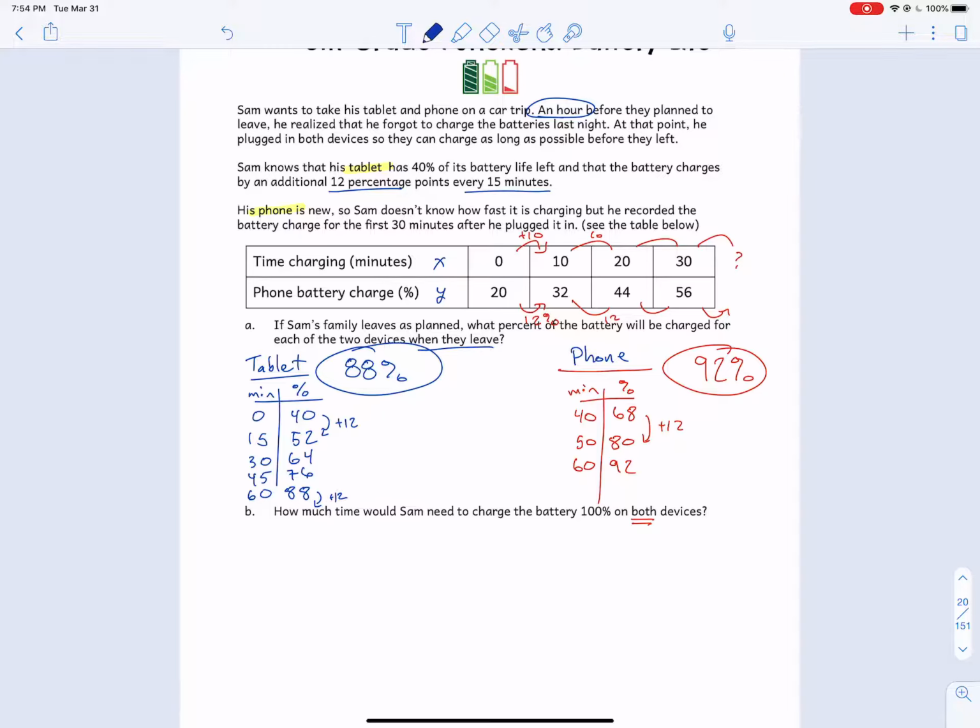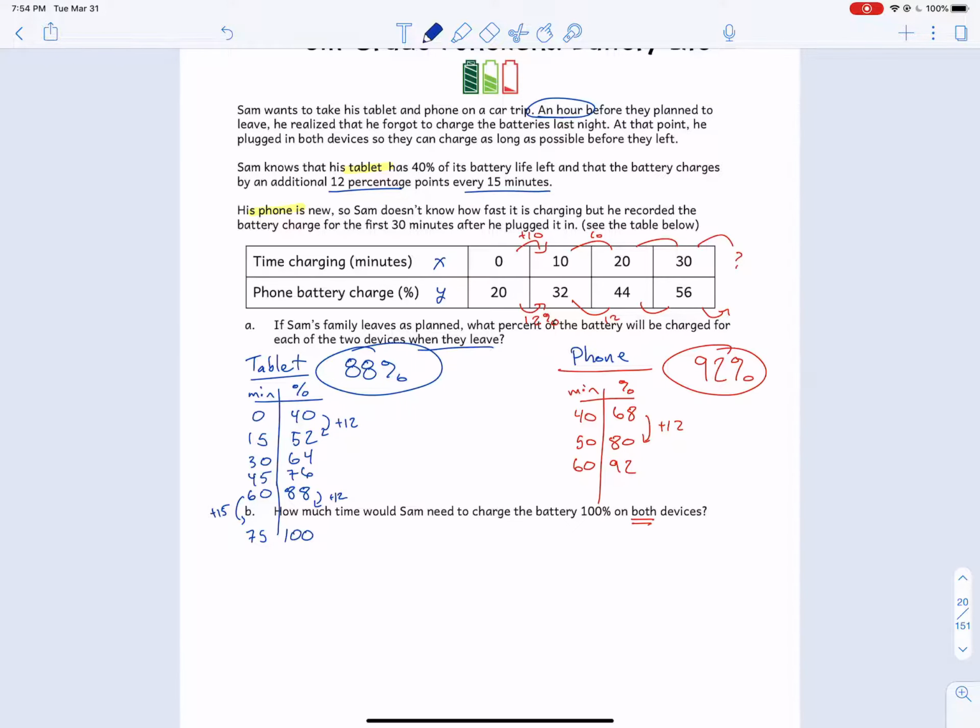So if we add 12%, that would give us, what would that be, 90 and 10, so that's 100. That's perfect. So at 100%, and we have to continue the same pattern on the X side, which was every 15 minutes, right? This is for the tablet. So 60 plus 15 is 75 minutes. Okay, so that's fine.